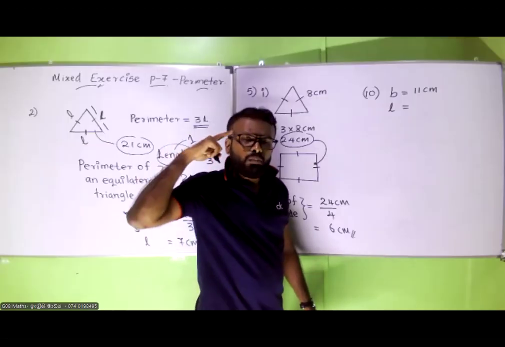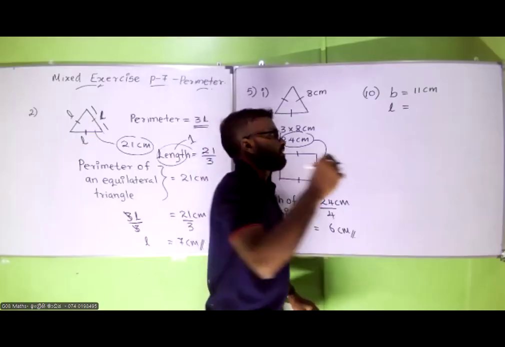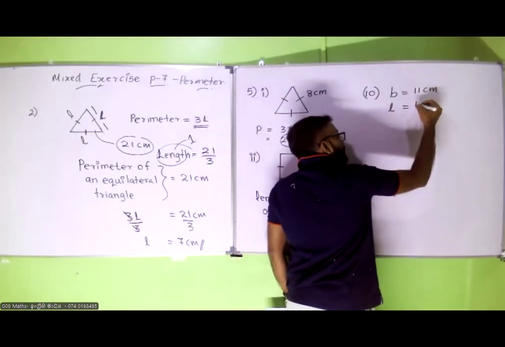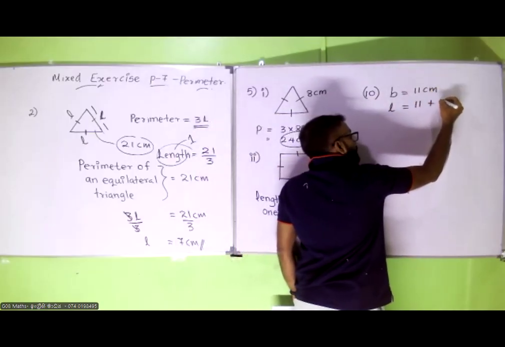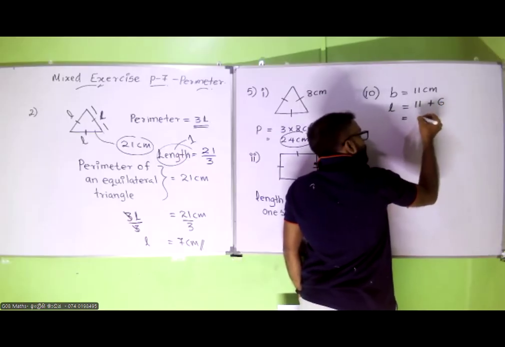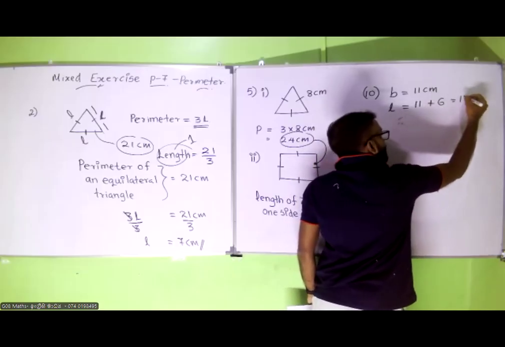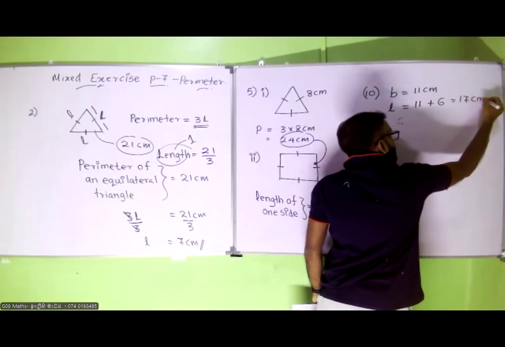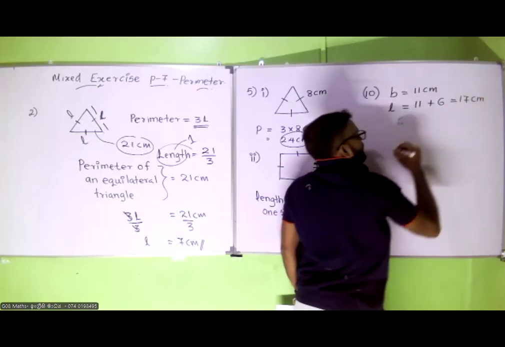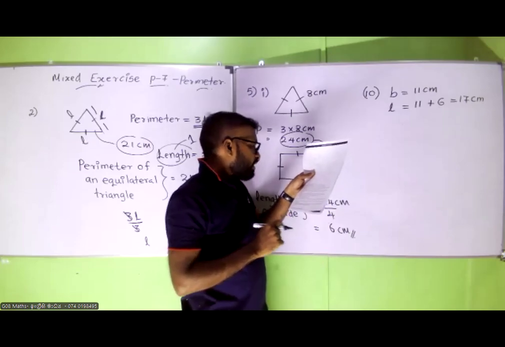When you hear the word more, you need to do the addition. So the breadth is 11, and you have to add another 6 centimeters to this. So your length will finally be 11 plus 6, 17 centimeters.